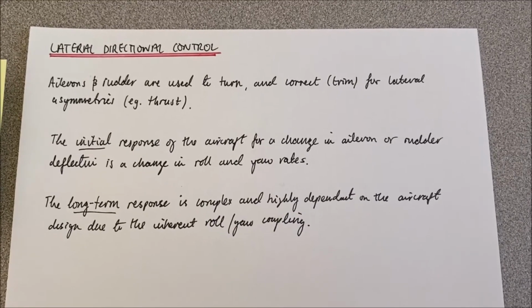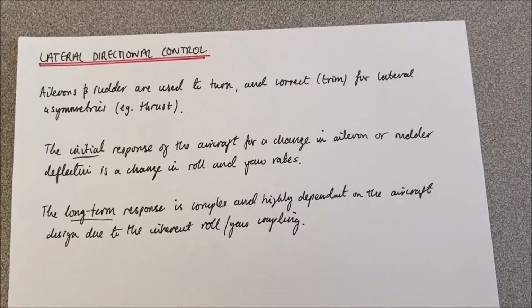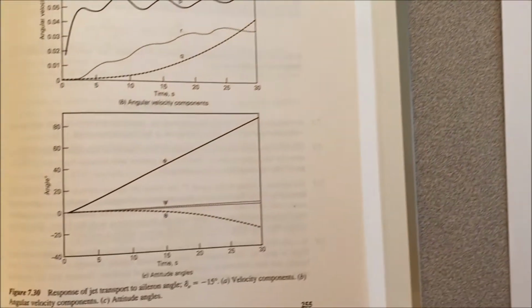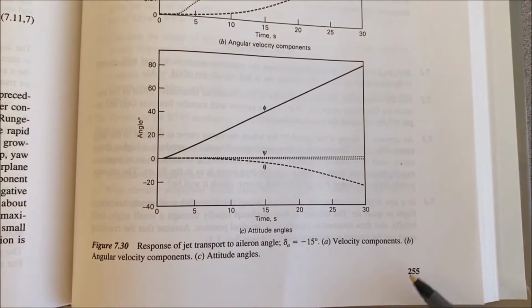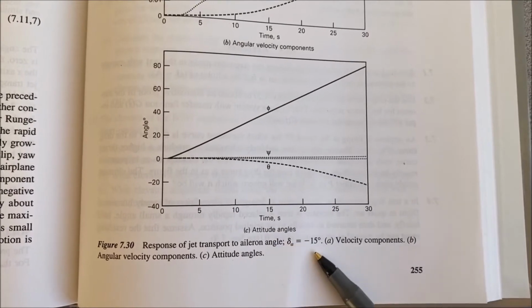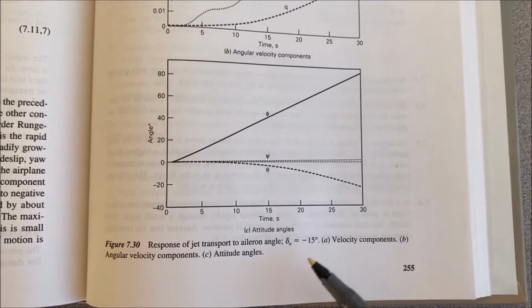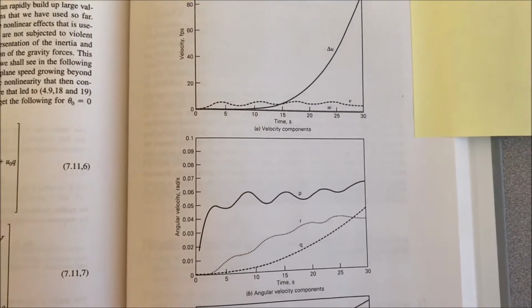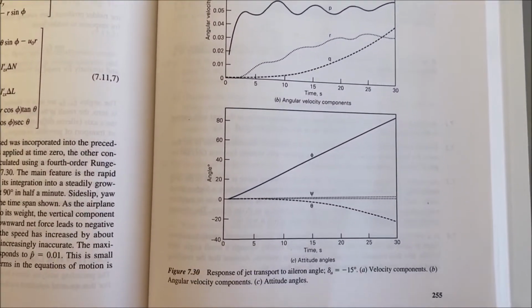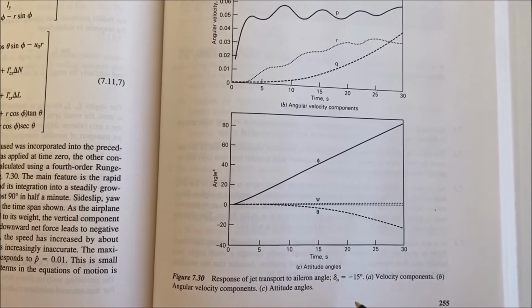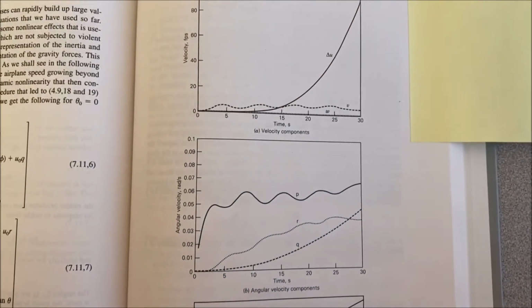But again, we can take a look at what happens to various parameters given a step input. This time we're dealing with aileron deflection angle, and we can see what happens in both the initial and long-term phases for that same aircraft, the jet airliner, in the same flight condition, right?